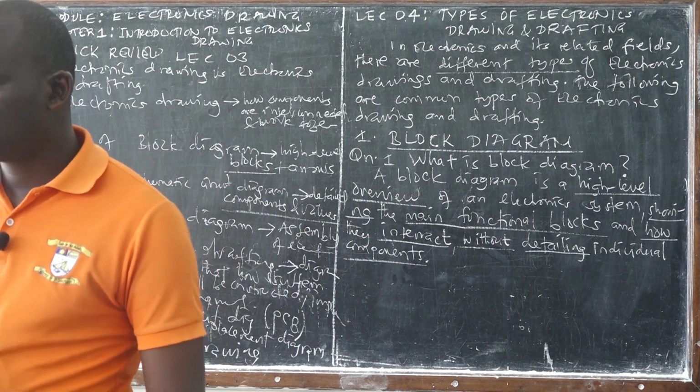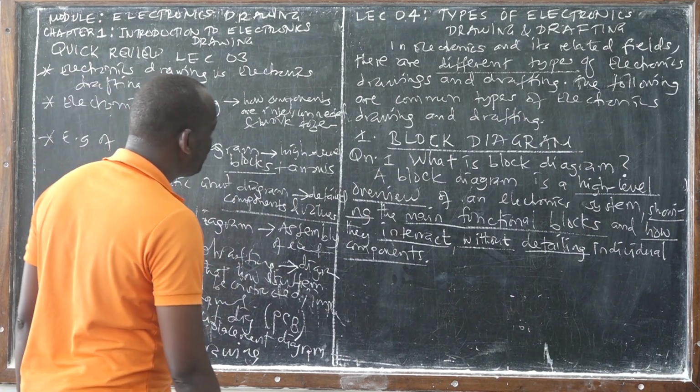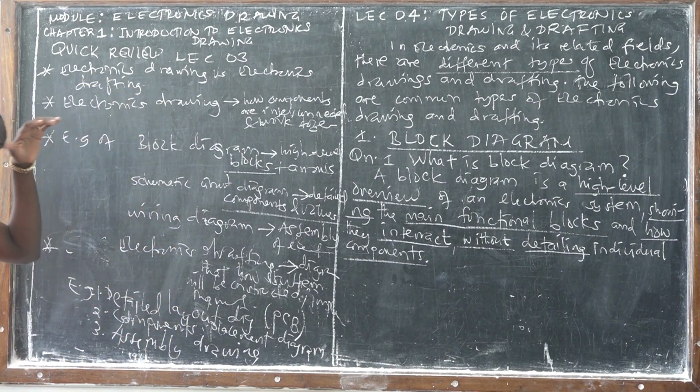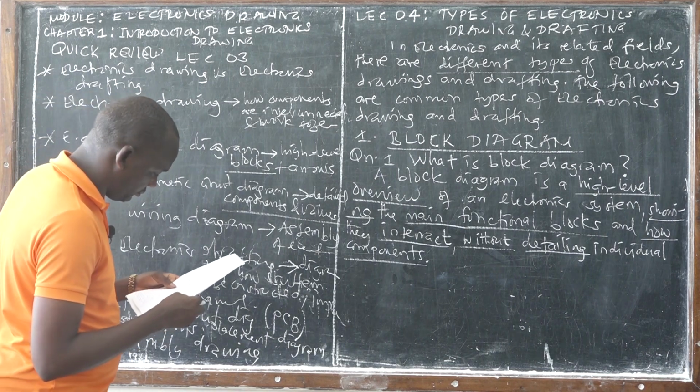Stop writing. Read the definition of block diagram: a block diagram is a high-level overview of an electronic system showing the main functional blocks and how they interact without detailing individual components.